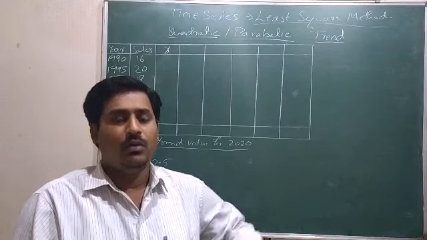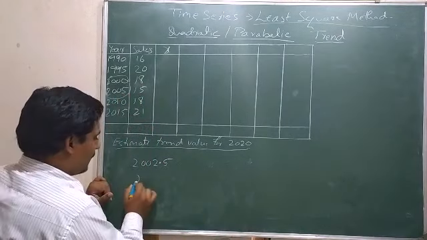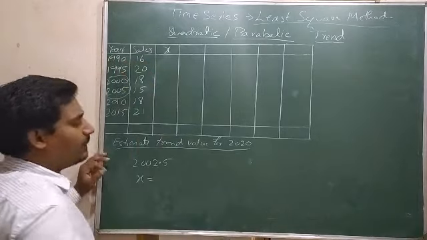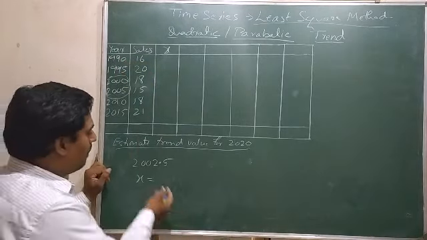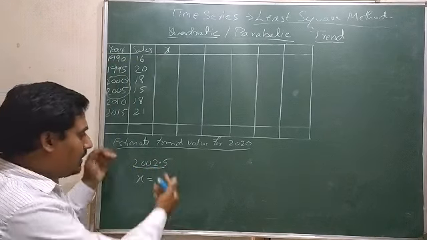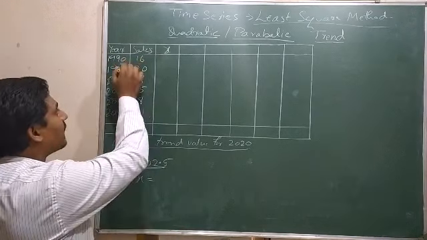Now the formula to get the x value: year minus average year, divided by the width of the class.